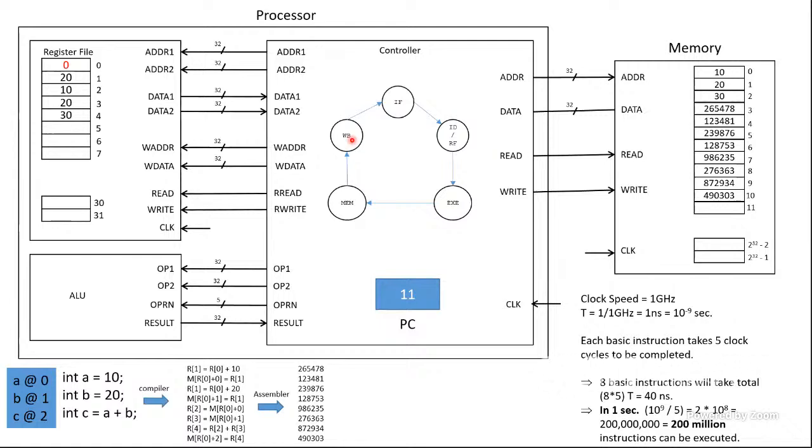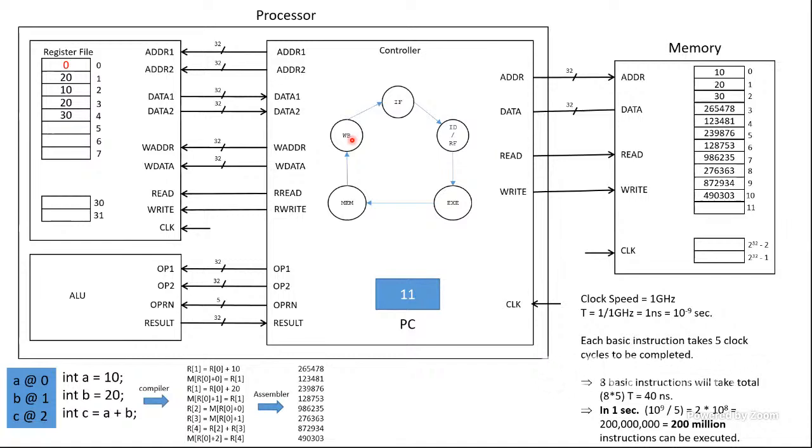That's the perspective I want to bring to all of you: this whole explanation took almost 40 minutes, just for these simple 3 high-level instructions and how they are accomplished in a processor.